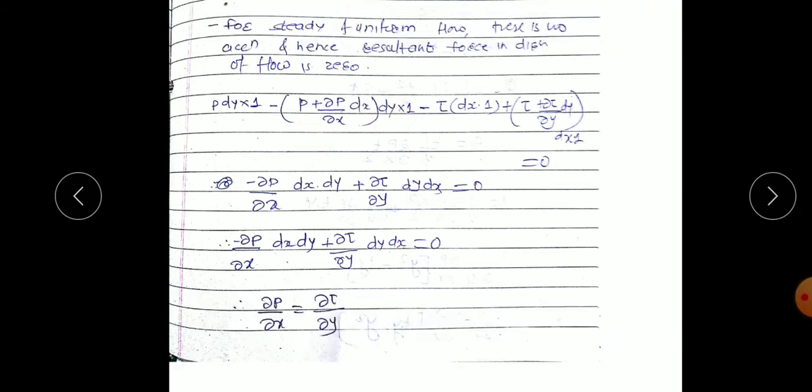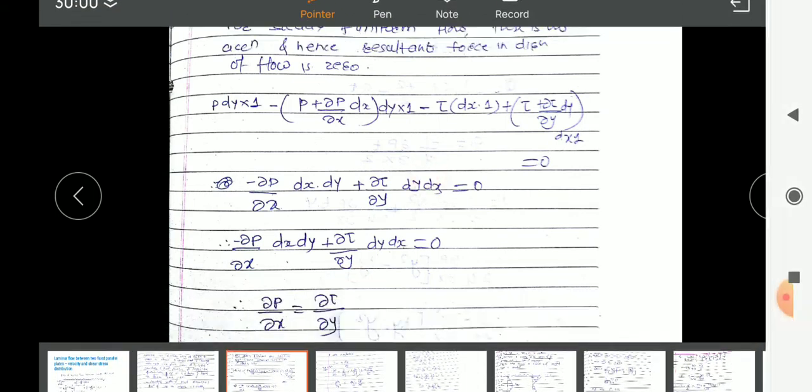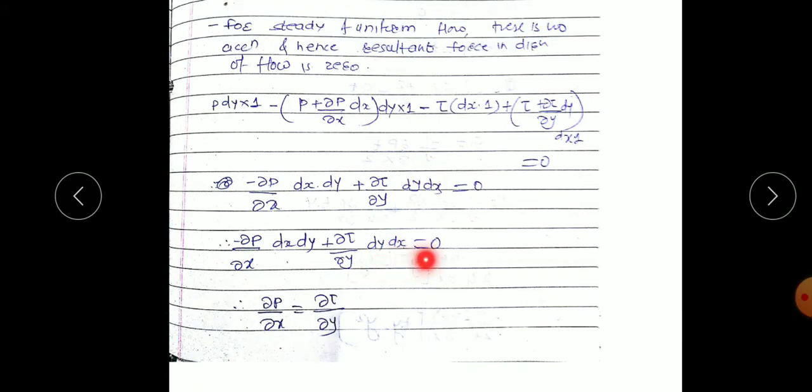we get minus delta p by delta x dx dy, plus, as tau dx will also be cancelled out, plus delta tau by delta y dy dx. So we get minus delta p by delta x dx dy plus delta tau by delta y dy dx equal to 0.